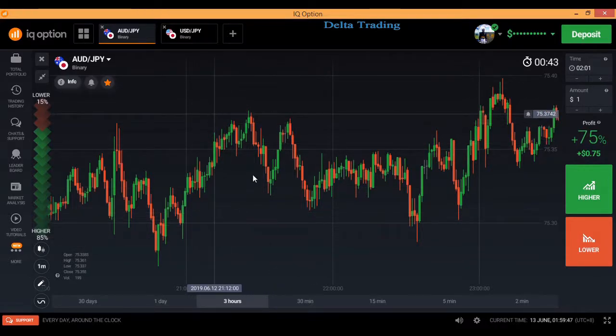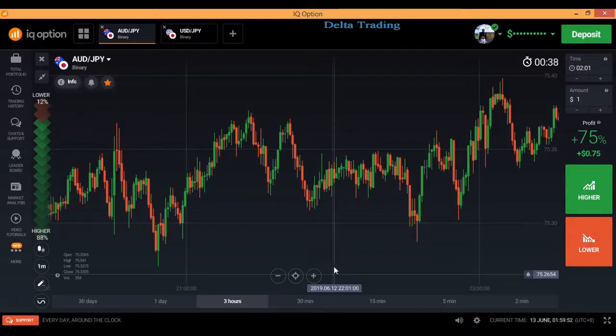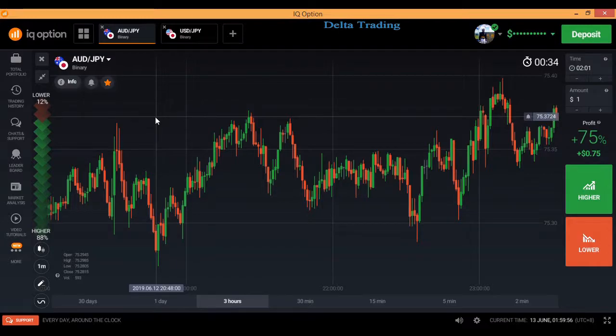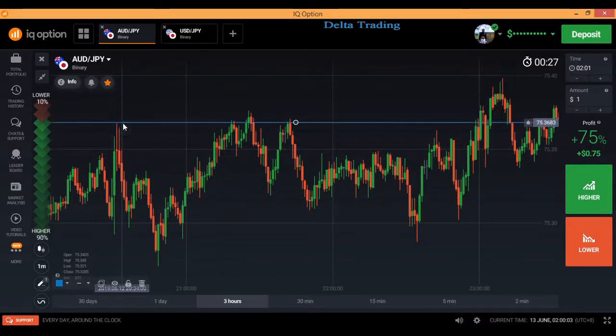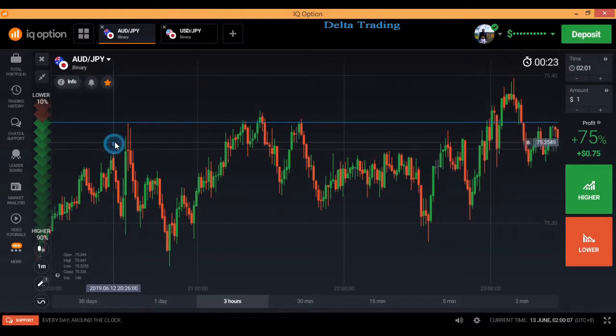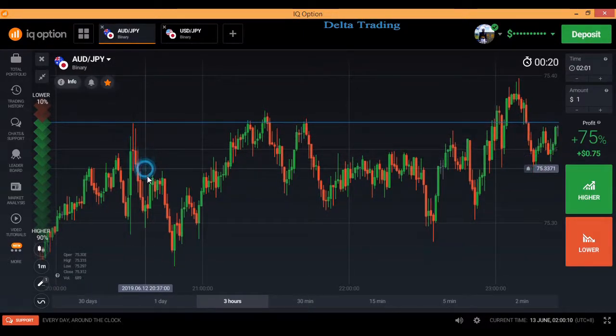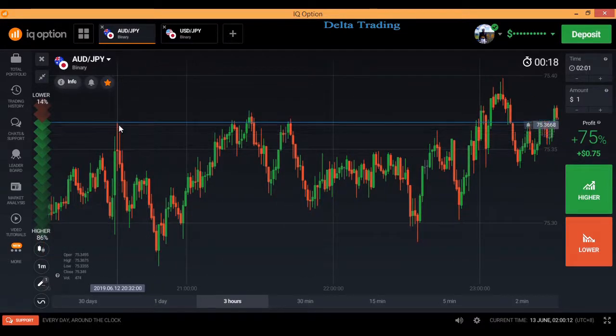We can put support and resistance if they touch the same level at different times. For example, here, this is the highest point, and you can see the candle goes up, up, up, and goes down. So the highest part is here, I'm pointing with my mouse pointer. Then on the second part, it goes down again.